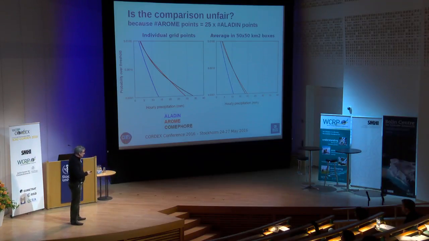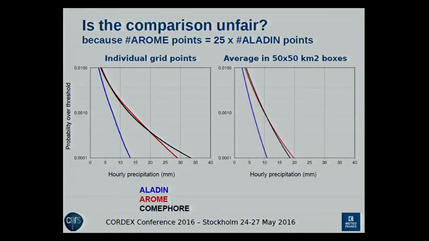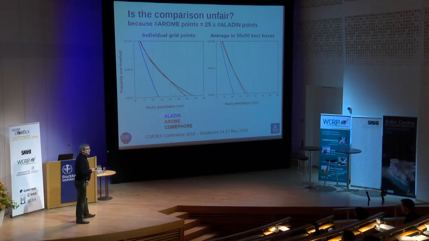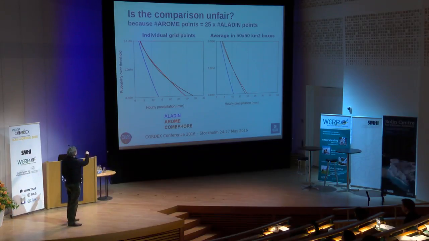But to convince you of this, I have made an analysis in which COME4, Aladdin, and AROM have been averaged over 50 by 50 kilometer boxes. In this case, you have the same number of data, whether you consider observation, AROM or Aladdin. And you can see, if you compare to the similar curve here, in which the data are not aggregated, this is individual grid points and these are averages in boxes.